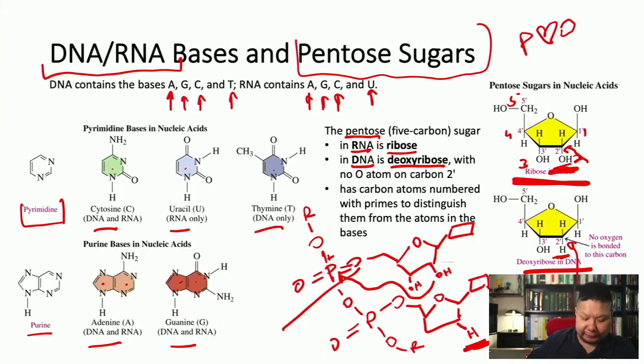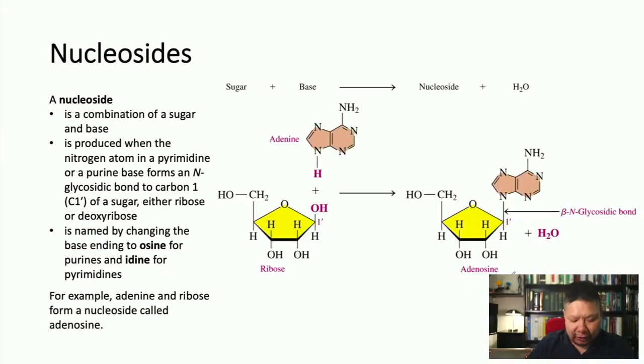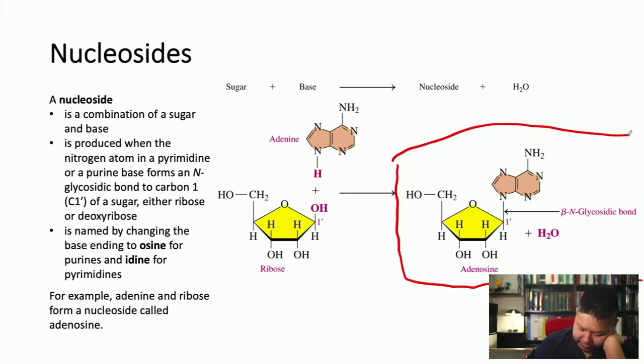Okay, much more permanent. So let's talk about nucleosides now, right? Basically, what I want you to know about nucleosides is that a nucleoside is the pentose sugar combined with the nitrogenous base. And they're combined together with a beta N glycosidic bond, right? And that's what I need you to remember about nucleosides.